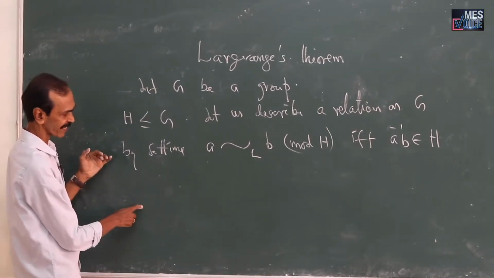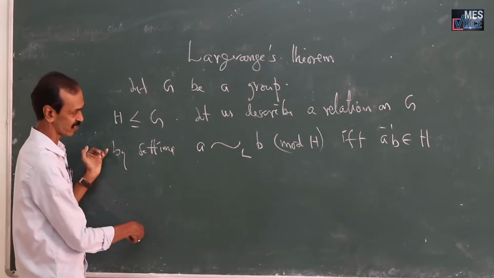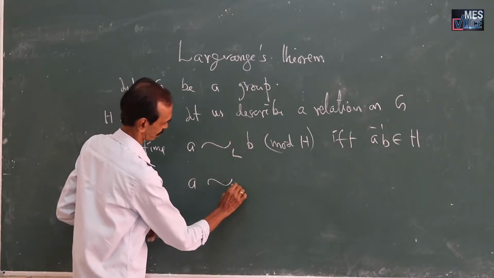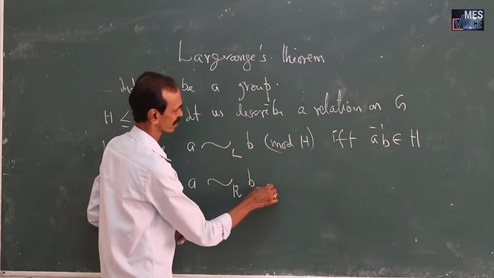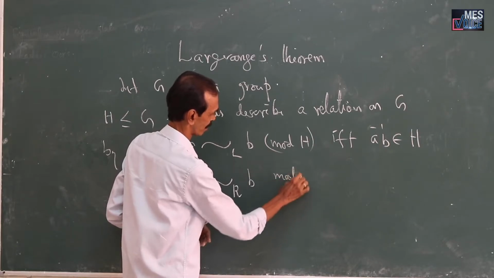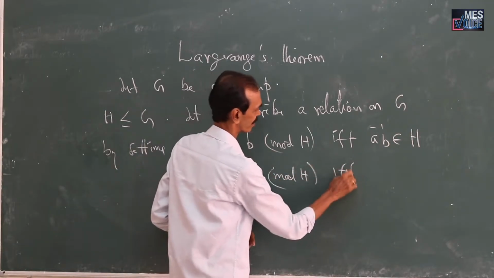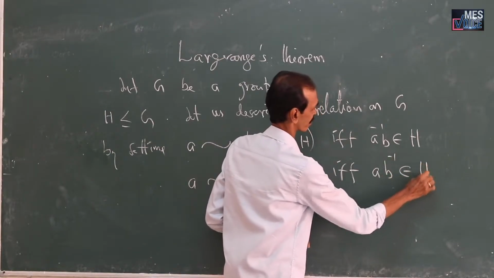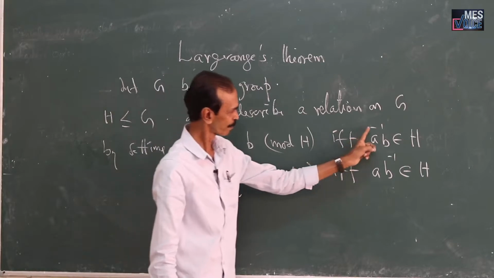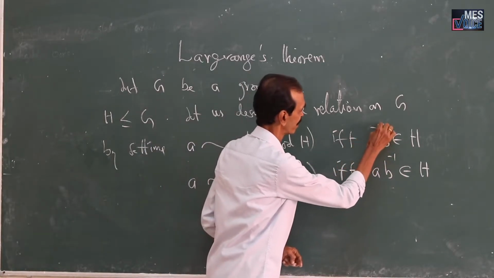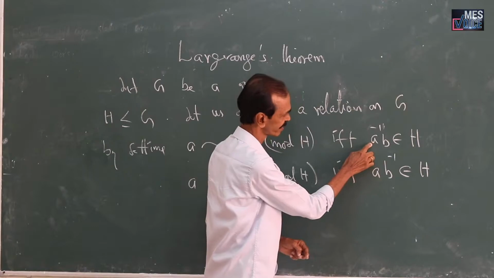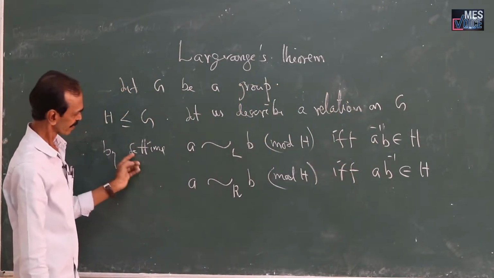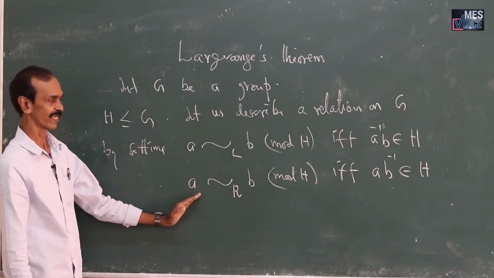In a similar manner, I can set another relation: A is right congruent to B mod H if and only if A B inverse belongs to H. That is, the position of the inverse is going to change. And this is also again an equivalence relation.